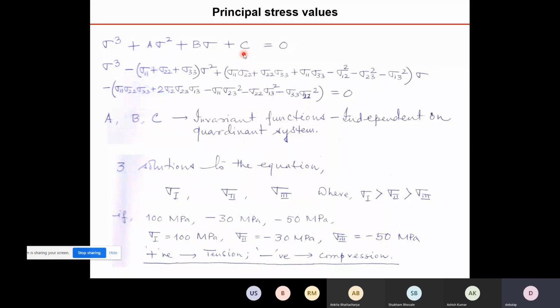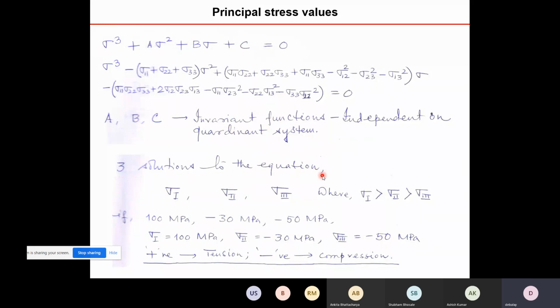But whatever way you consider your coordinates, more specifically Cartesian coordinates, you will find the A, B, C values will be the same. That's why they are called invariants, independent of the coordinate system. Now, if someone solves these 3 expressions, 3 solutions can be obtained.